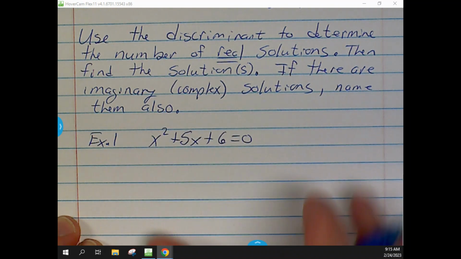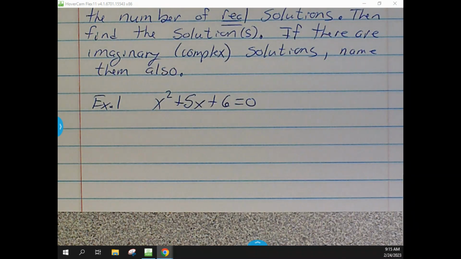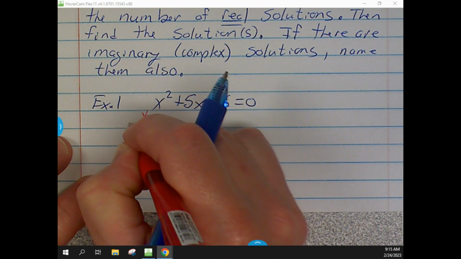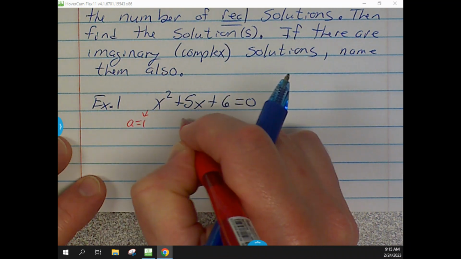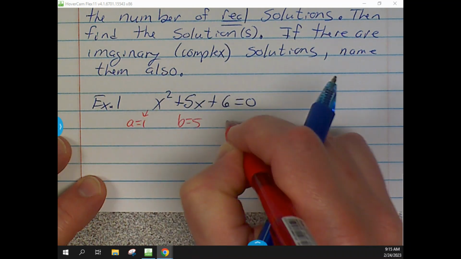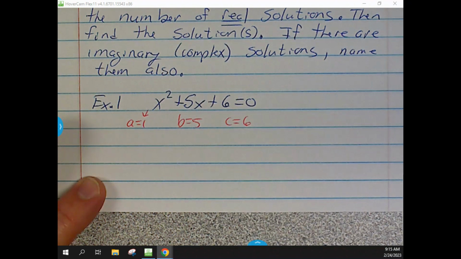All right, so for example 1, we're going to go kind of easy on this one. We'll build up to the tough ones as we get there. So we're going to go x squared plus 5x plus 6 equals 0. Get the easy things first. Your A value is 1, your B value is 5, and your C value is 6.